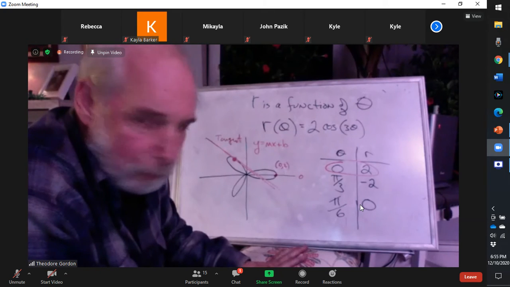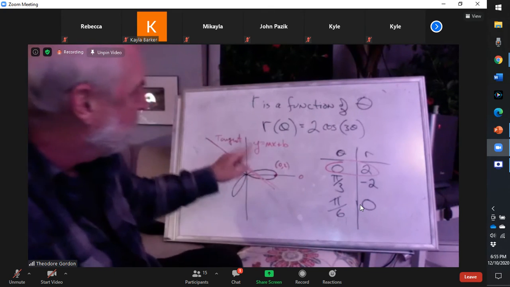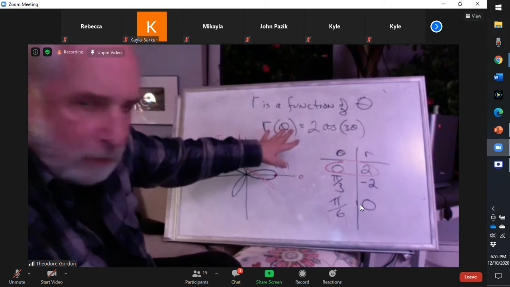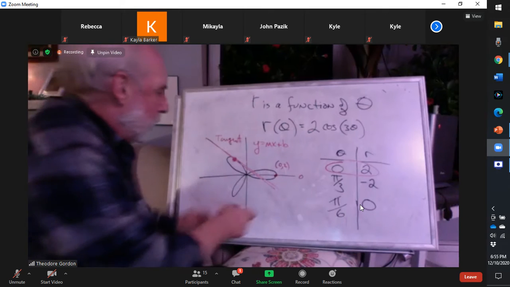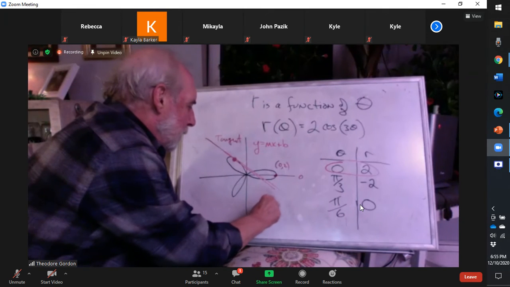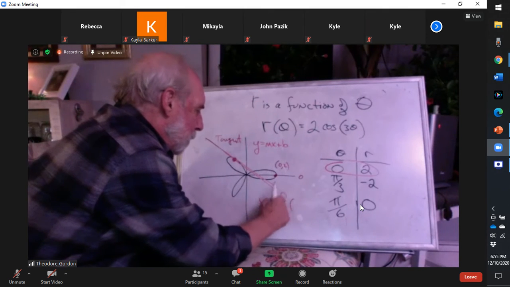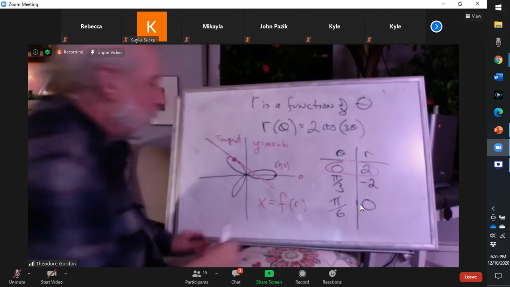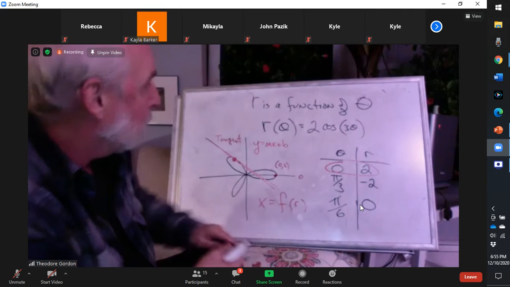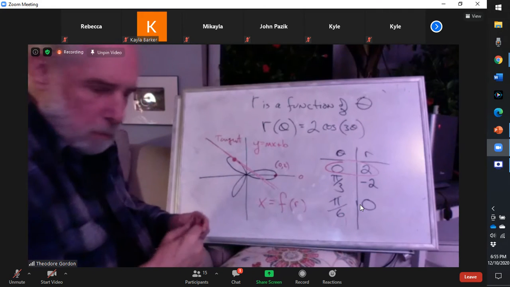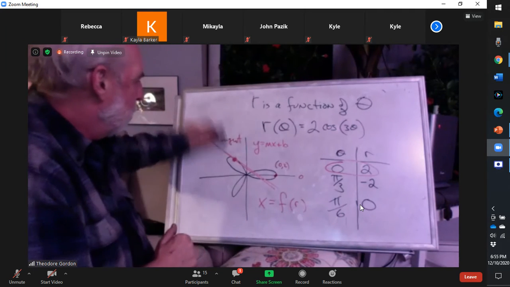Not a big deal. There's a formula for doing derivatives. When we convert, x is going to be a function of r, because we saw from just a little while ago.